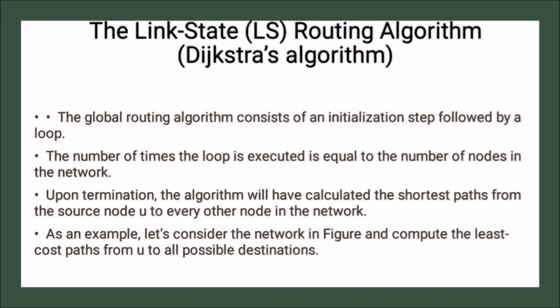The global routing algorithm consists of an initialization step followed by a loop. The number of times the loop is executed is equal to the number of nodes in the network. For example, if the number of nodes in the network is 5, the loop iterates 5 times. If the number of nodes is 20, the loop is executed 20 times.